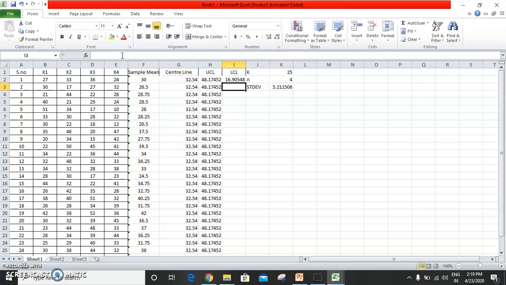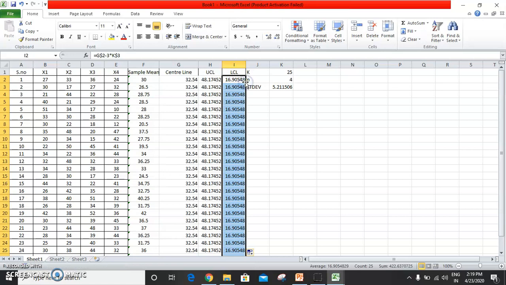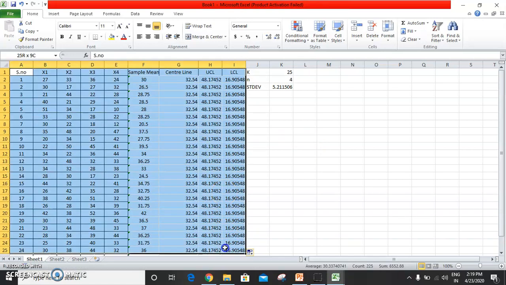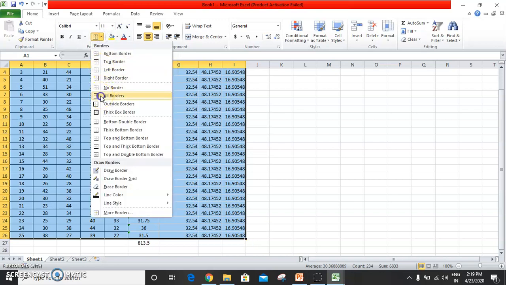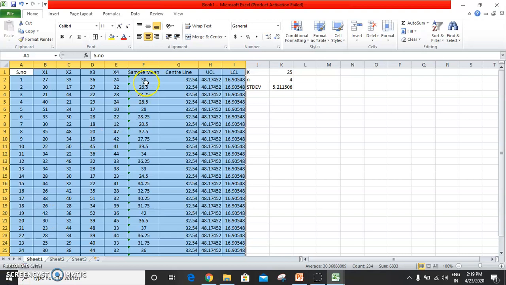So it's going to be a set value for the lower control line. This is how we calculated the main things which are going to be used to prepare our control chart.